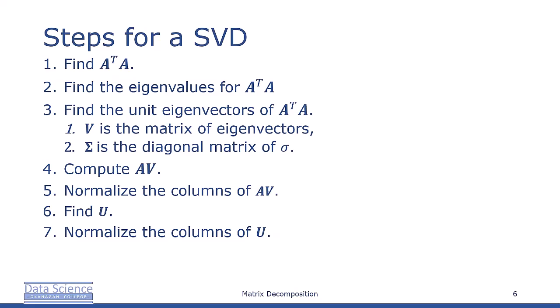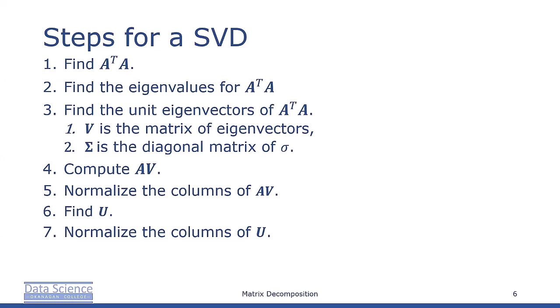So you begin by finding A transpose A, you find the eigenvalues for A transpose A, then you find the unit eigenvectors for A transpose A. V is the matrix of the unit eigenvectors.